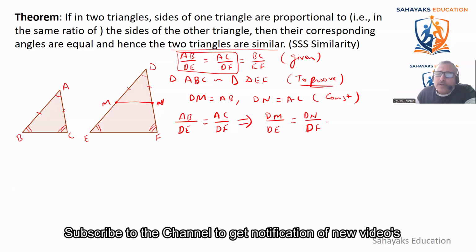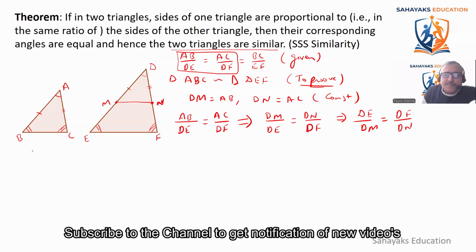Now I'm taking the reciprocal on both sides. So it becomes DE by DM equals DF divided by DN. Now I'm subtracting one from both sides.